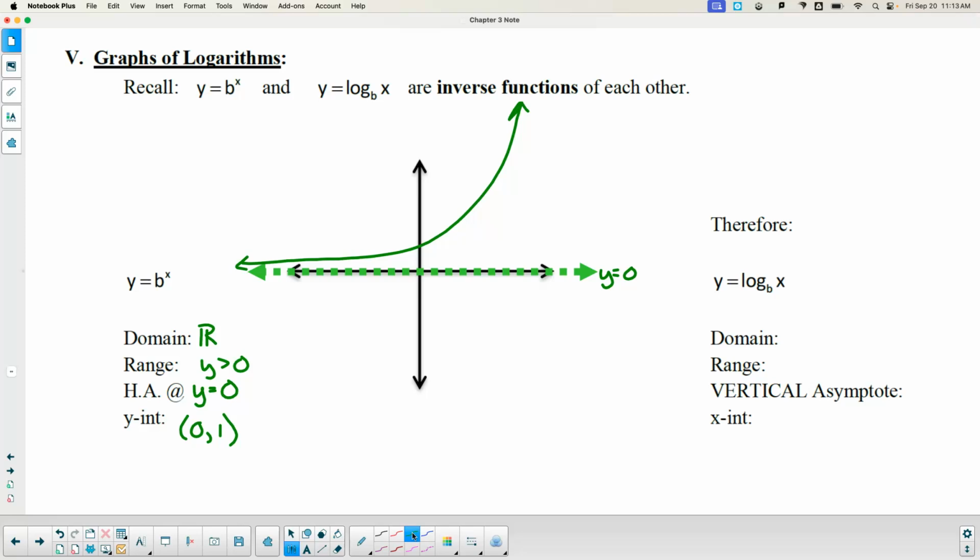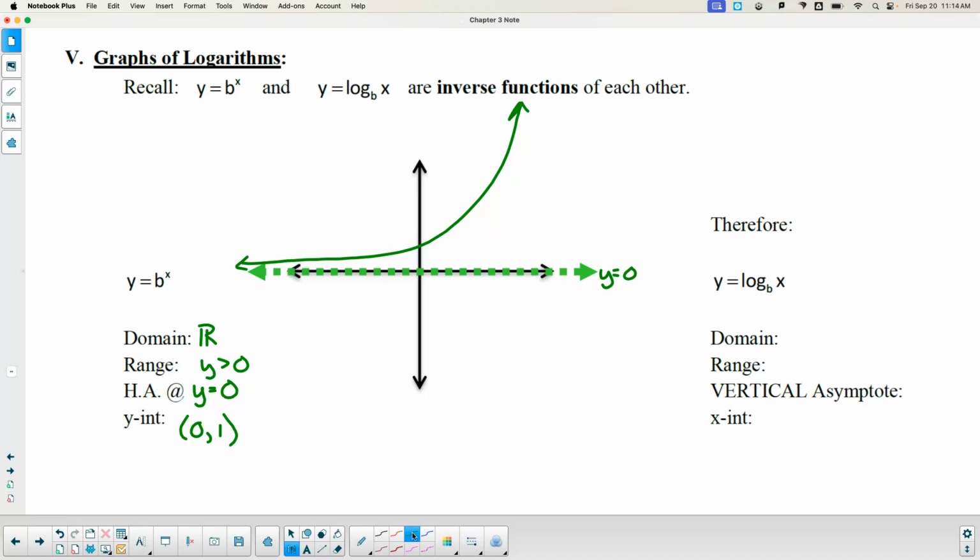The x's and the y's switch around, right? In a true inverse function, your x's become your y's and your y's become your x's. So we flip-flop those. Graphically, that is my exponential function.